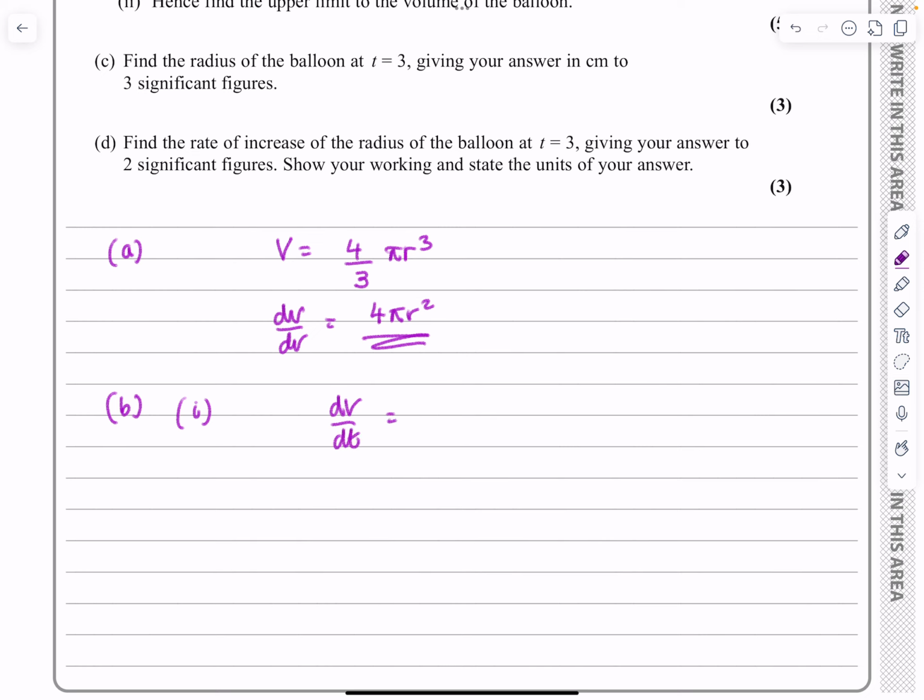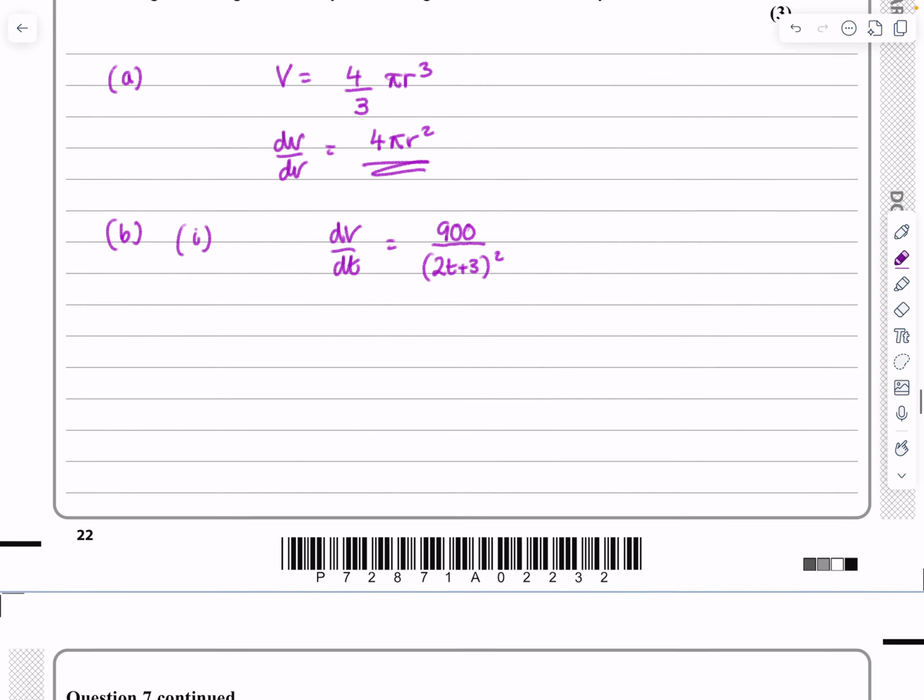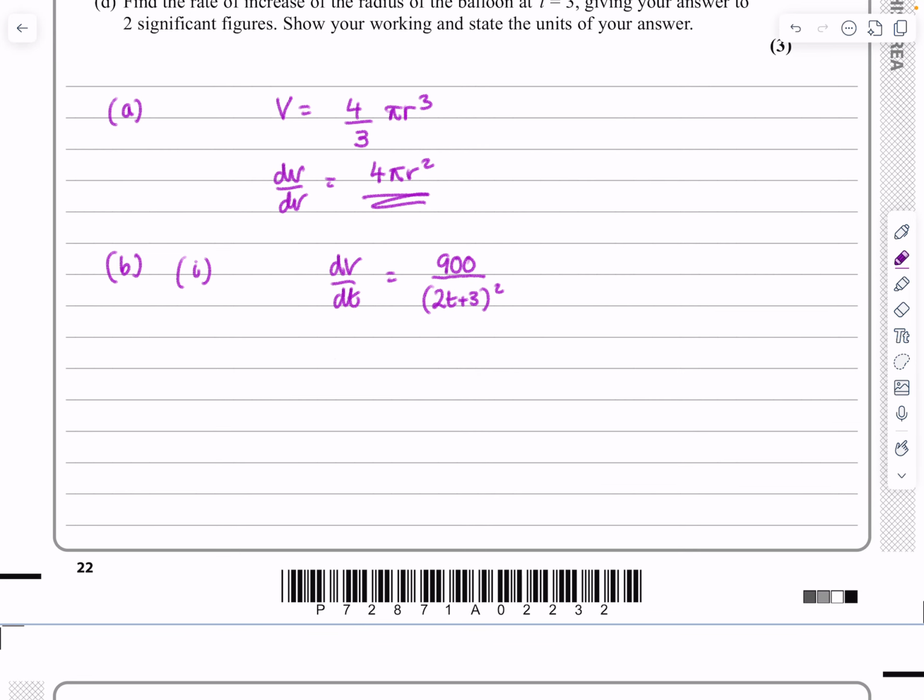dV by dt is equal to 900 over (2t plus 3) all squared. So when we're doing that then, let's separate out the variables. What that means is I'm going to have dV on this side, and I'm going to have 900 over (2t plus 3) squared dt.